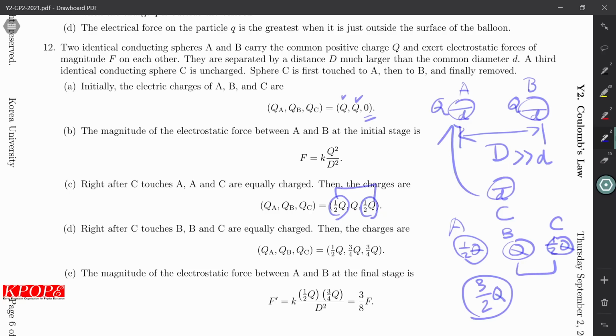So 3/4 for B and C each, sharing the charge of 3/2 evenly.